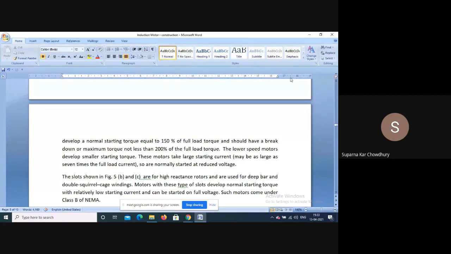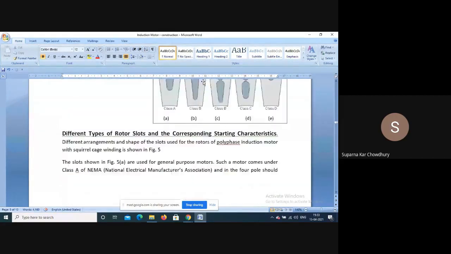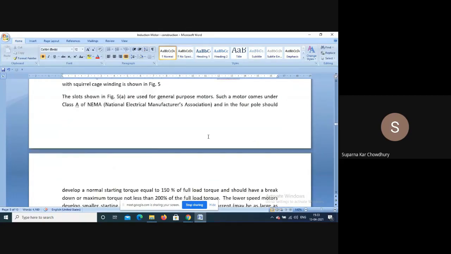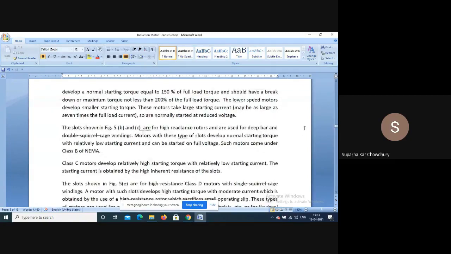Now figures B and C are NEMA class B. Both are deep bar rotors. Here the bar shape is slightly different, like a double squirrel cage. Deep bar and double squirrel cage winding motors of this type of slot develop normal starting torque with relatively low starting currents.